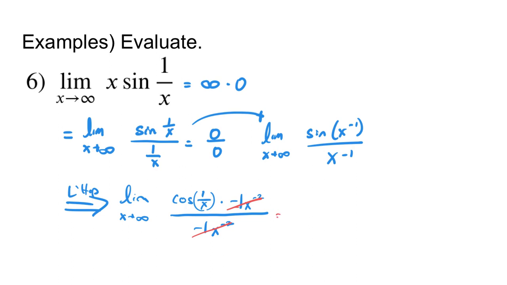So I'm left with the limit as x approaches infinity of the cosine of 1 over x. And if you think about that again, as x is getting closer and closer to infinity, the 1 over x becomes 0. So I really have the cosine of 0, which is 1.